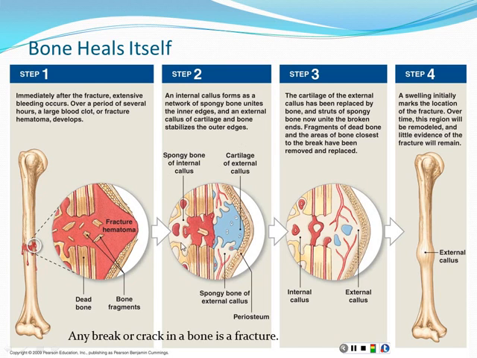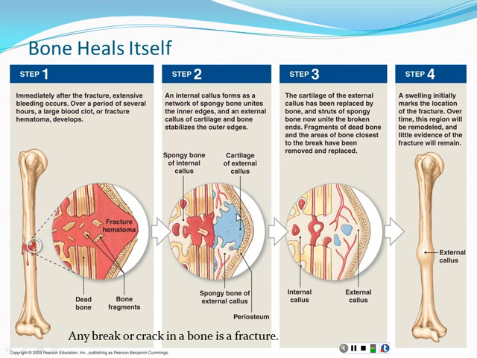So if here's our bone and here's the marrow cavity, there's an inside surface and an outside surface, right? On the inside surface, we get what's called the internal callus. Some spongy bone forms to keep the inner surface in line.